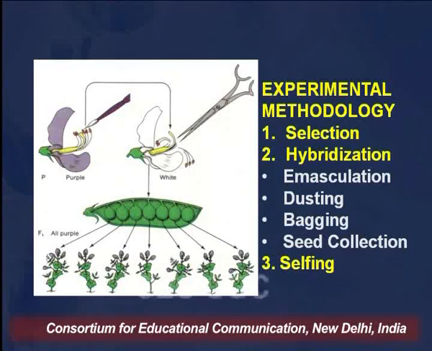Then he waited for fertilization to take place, and he collected the seeds. The seeds were sown again and a new generation of plants was obtained, to find out what happened to the pattern of inheritance of those characters. He also performed selfing experiments, very naturally, because the pea plant is a cleistogamous one.